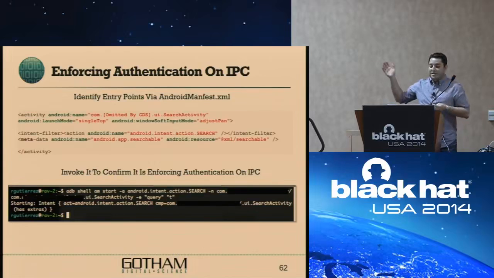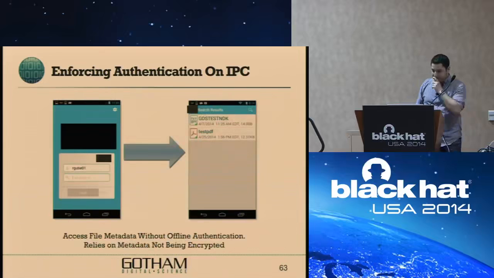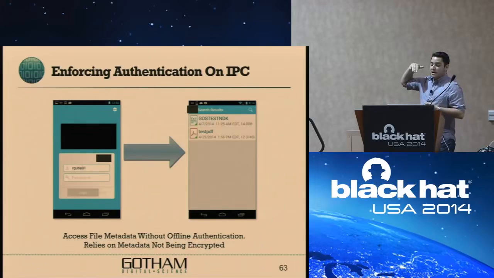Using ADB shell, with no rooting required or anything like that, I can invoke the activity and potentially bypass the whole login screen. So here's an app. I'm currently unauthenticated. If I just plug it in and type the ADB command, I can then bypass it and access any unencrypted file data that was on there without having to actually do any work. So it's kind of interesting.